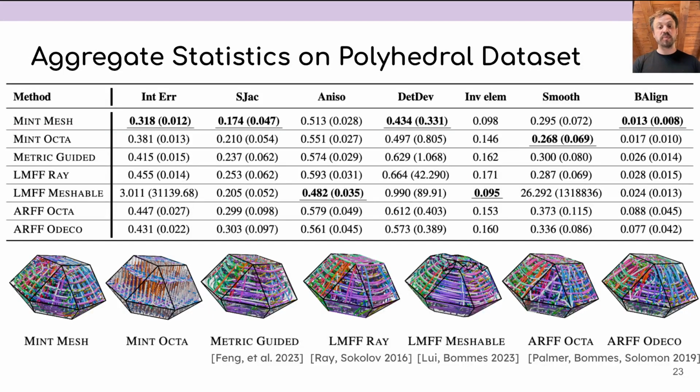And here are some empirical results on evaluating the resulting parameterization quality on this data set of polyhedral models. The key thing to note is that with respect to most of the parameterization quality objectives which we evaluated, our method produced better parameterizations, because it's somehow not entirely straightforward to even answer the question of what makes a parameterization good.